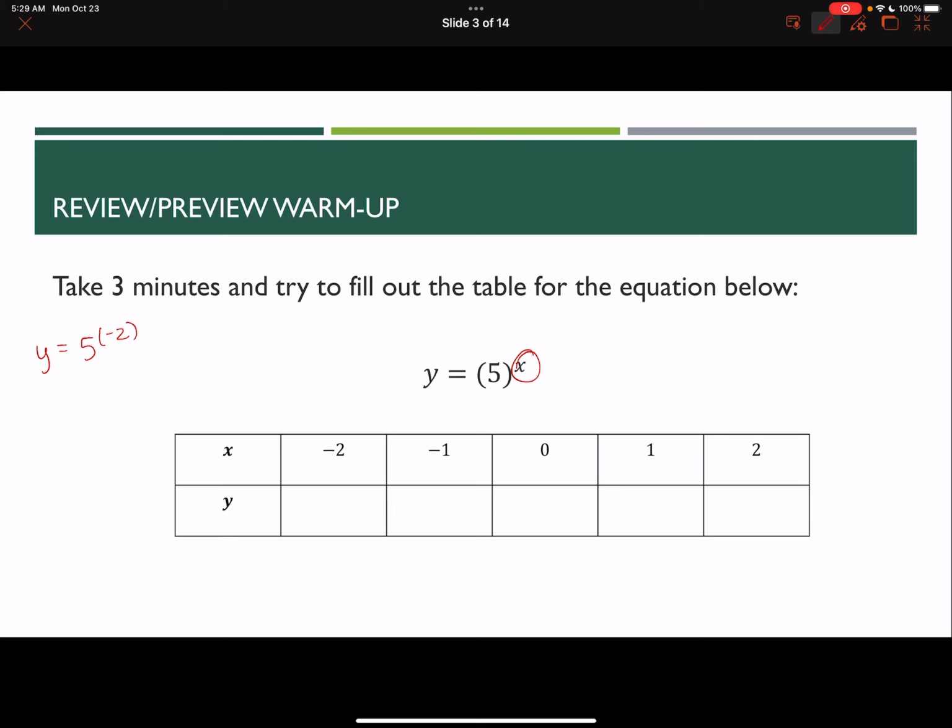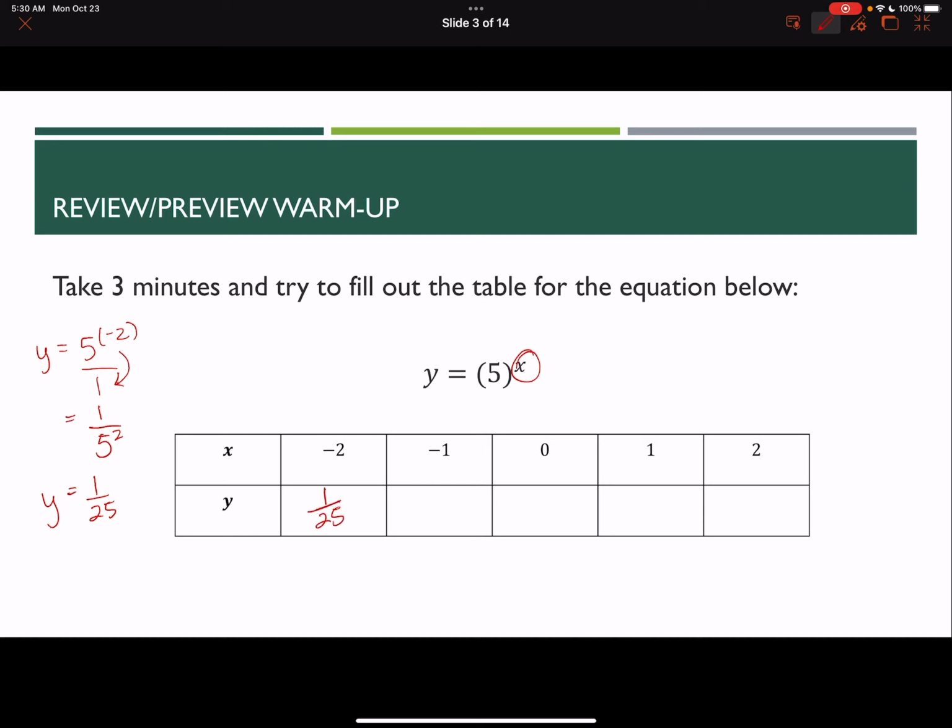They tell me to flip the base. So the 5 is going to flip to the bottom of the fraction, and it becomes 5 to the positive second. I don't have anything left on the top, so I'm going to put a 1 up there. Now, I've got to keep simplifying this. 5 to the positive second is 25. So when x is negative 2, y is equal to 1 over 25.